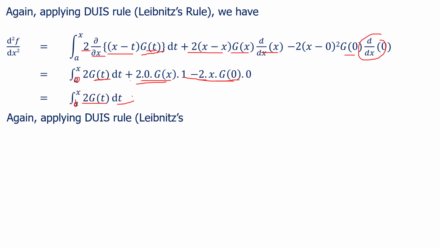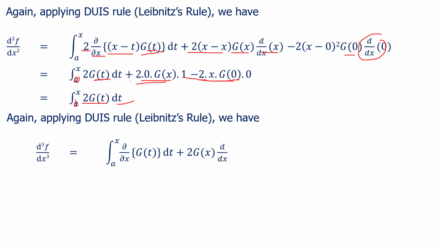Let us again apply DUIS rule. The third order total derivative of f with respect to x is given by the integral under the limit 0 to x of the partial derivative of g(t) with respect to x, plus 2 times g(x) times the derivative of the upper limit x with respect to x, minus 2 times g(0) times the derivative of the lower limit with respect to x.